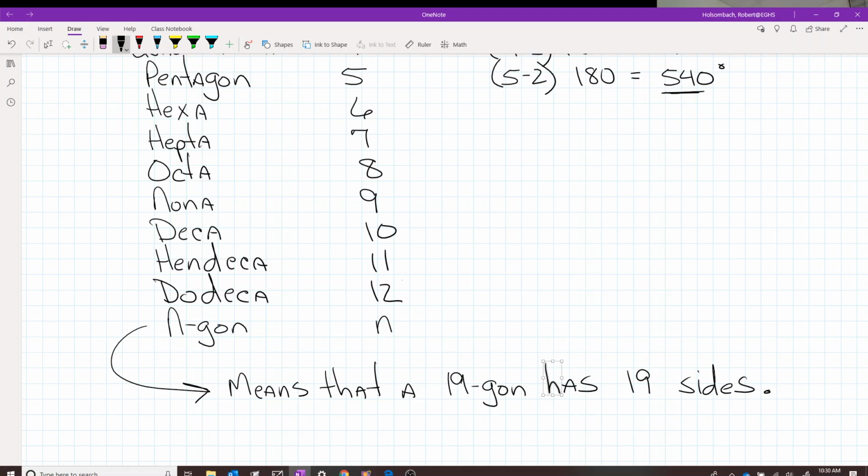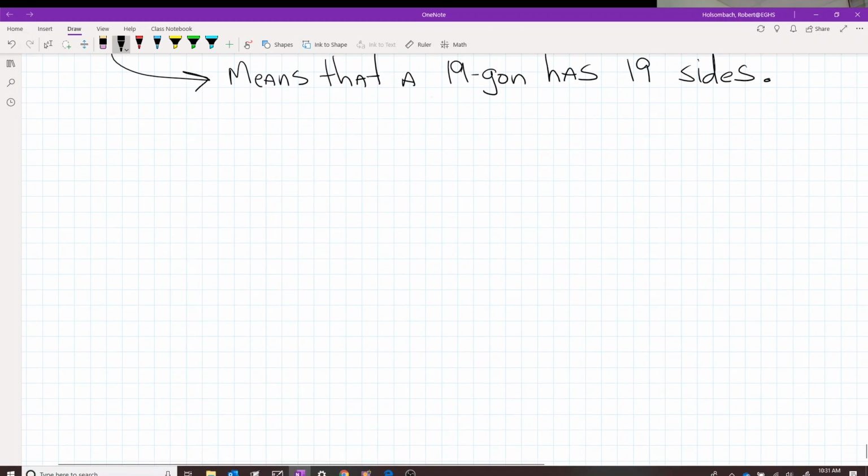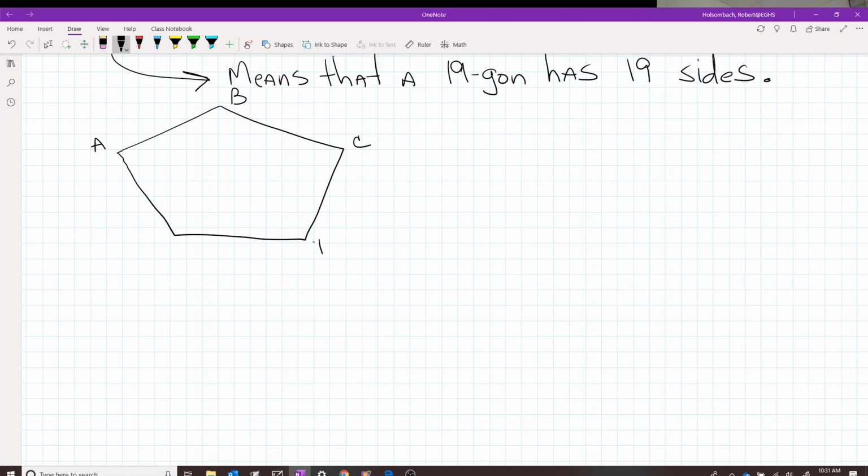So let's do a practice problem. Draw a pentagon on your paper. Label the vertices A, B, C, D, and E. And then angle A is 2x.